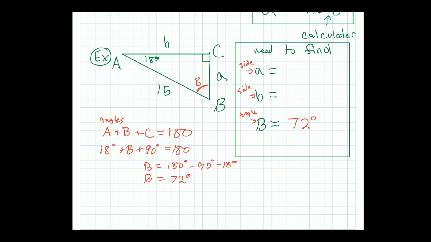Okay, so now we've got the angles. At that point, you need to find the sides A and B. My advice is to pick an angle. One thing I'll say is we have the angle 18, which was given, and I have the angle B now, which is 72.